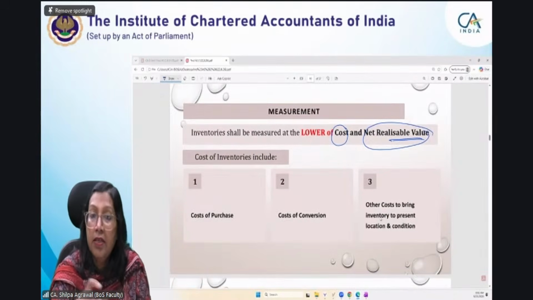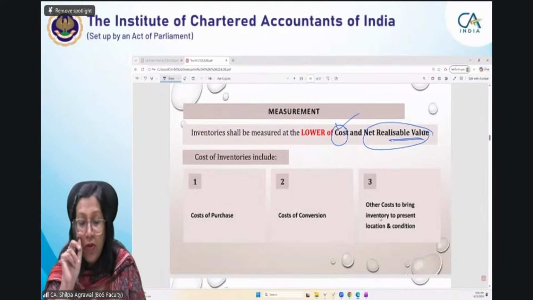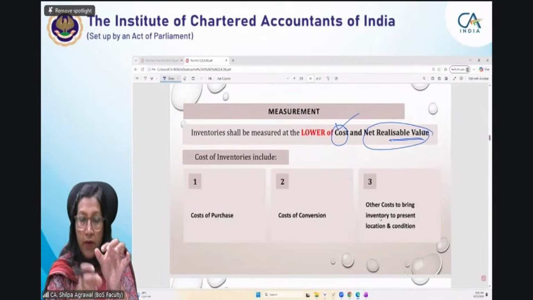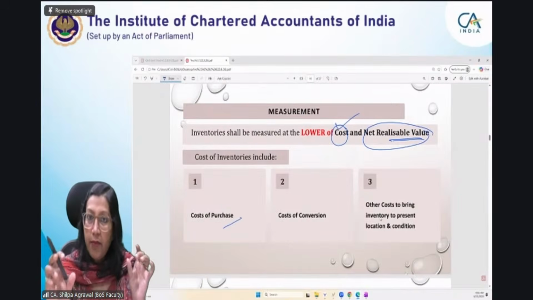So what we'll discuss first is cost: how to determine cost in case of inventories. Cost of inventories is further split into three parts. Cost of purchase is the exact amount for which you are purchasing it.